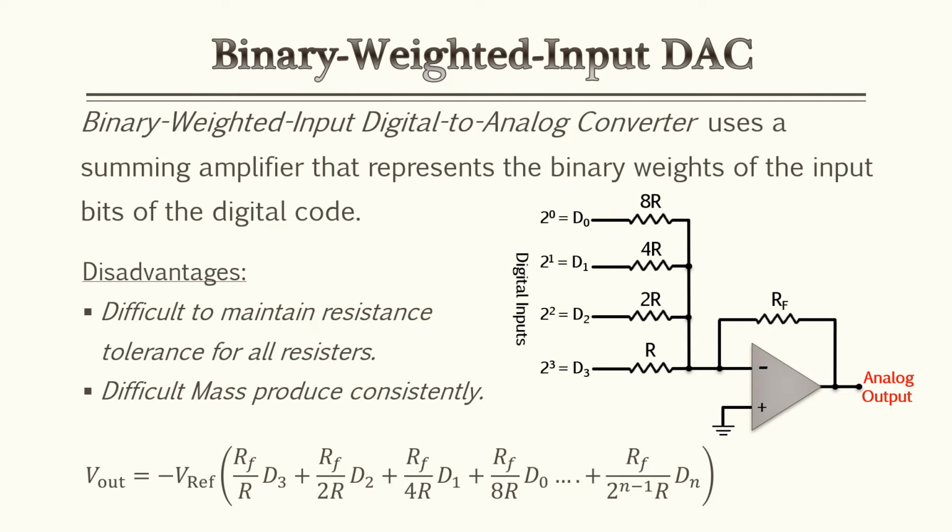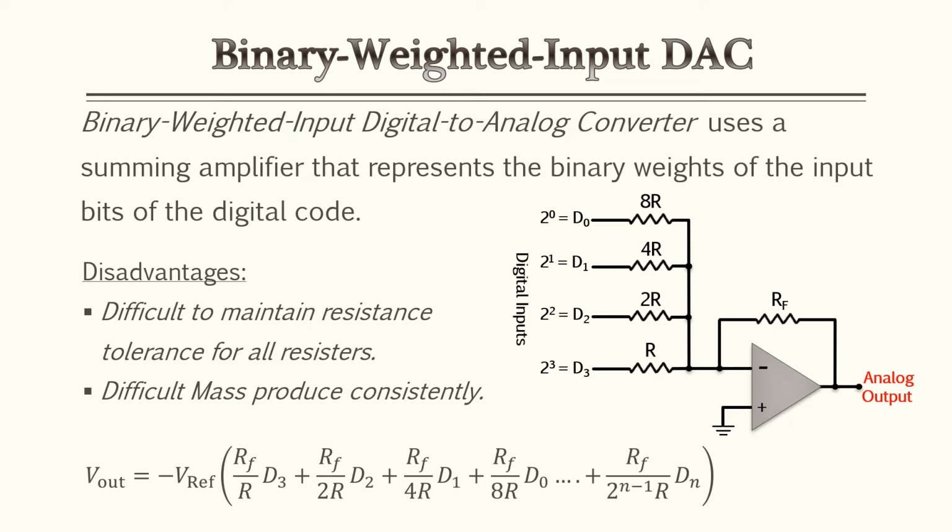Now we're going to jump right into digital analog converters. The first one we'll look at is the binary weighted input digital analog converter. I notice most of these have very long-winded names. Anyway, this one uses a summing amplifier that represents its binary input. So in a sense, you're using an inverting amplifier and you're adding inputs to it, and the gain will affect your actual analog output.